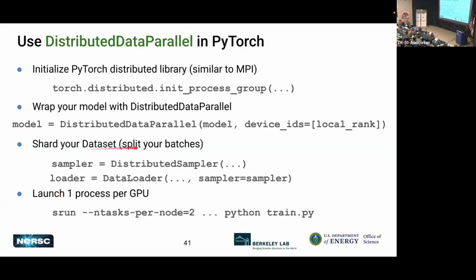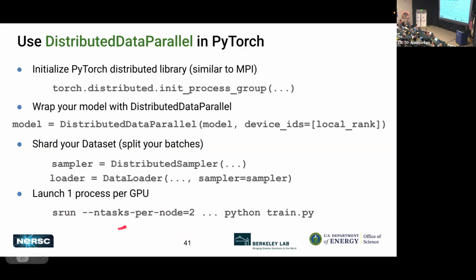After you define your model, you would simply wrap it in DistributedDataParallel, a library from PyTorch, and tell DDP what the local rank of your GPU is. So what is your GPU ID that you're looking at? Your data set will split your batches, and for that, you just call the distributed sampler, and that'll split it up for you into multiple GPUs.